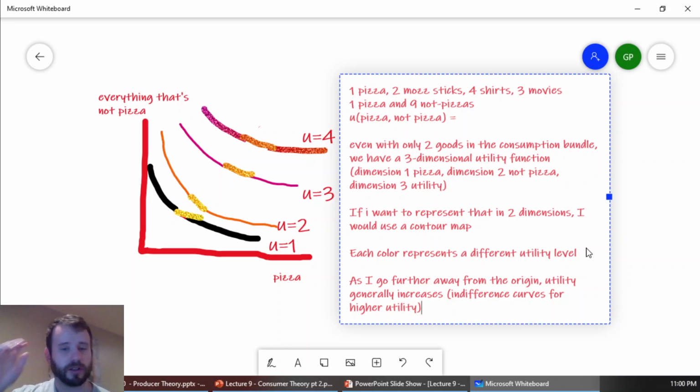So utility increases as they go further and further away from the origin.